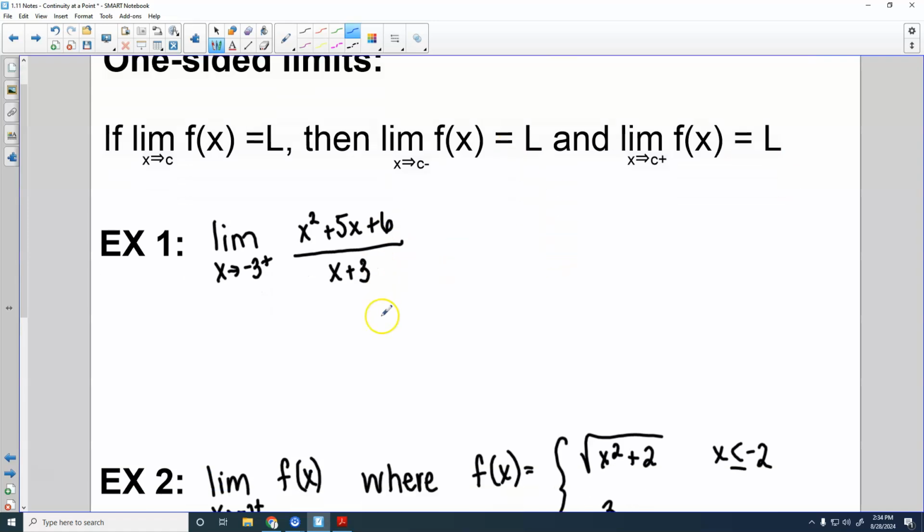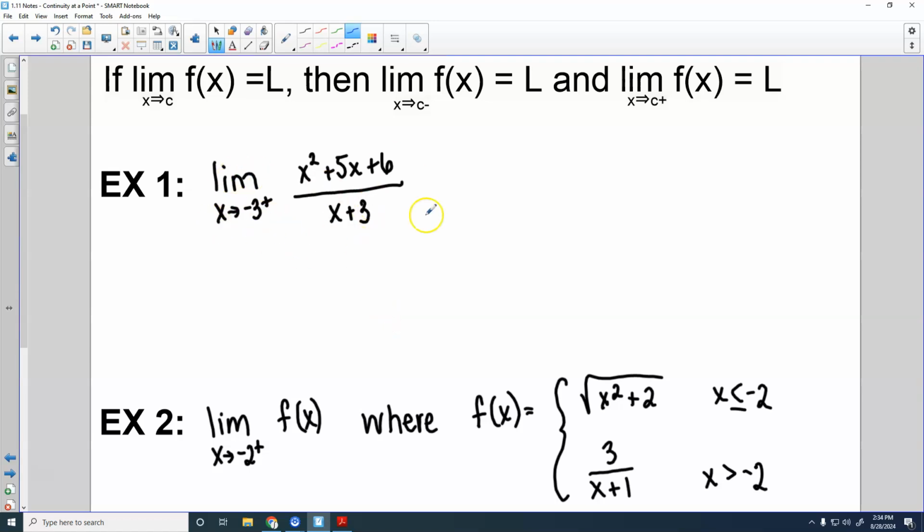So if you're asked to do a limit from the left or the right of just a regular type function, you really just want to do it like a normal limit, like it's from both sides. Because if you get an answer from both sides, then that is also the answer for the one-sided limit.